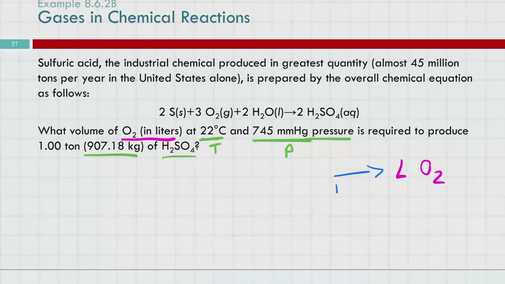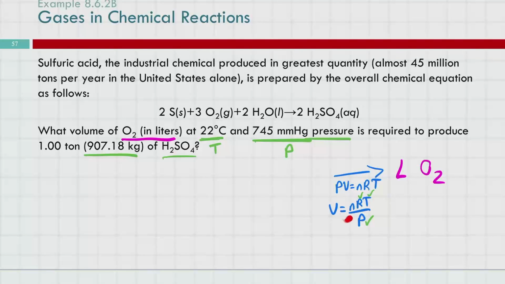It's the ideal gas law, PV equals nRT. So if we're finding liters, liters is volume, so we'd be using V equals nRT over P. And we've got temperature, and we've got pressure, and R is a constant.